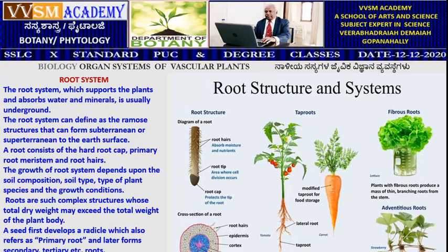Roots are such complex structures whose total dry weight may exceed the total weight of the plant body. A seed first develops a radicle, which is also referred to as the primary root, and later forms secondary, tertiary roots, etc. These are all very important concepts of the root structure and systems. In the root structure, you can come across the root hairs, root cap, and modified tap roots. These are the tap roots, fibrous roots, and adventitious roots. Very important concepts of the root structure and systems.